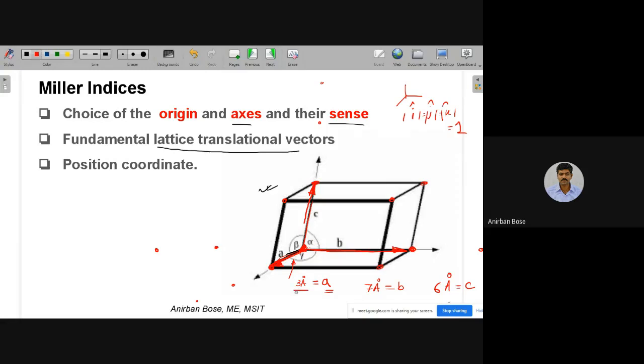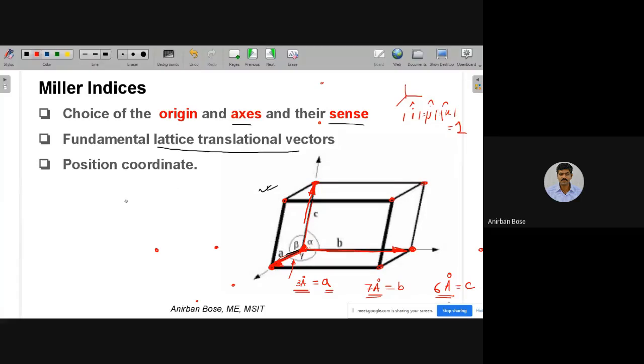The unit vector in the A direction is 3 angstrom, in the B direction it is 7 angstrom, and in the C direction it is 6 angstrom. So unit vectors in this kind of system are not necessarily the same in all directions. Maybe in a cubic crystal class it will be the same, but not necessarily.